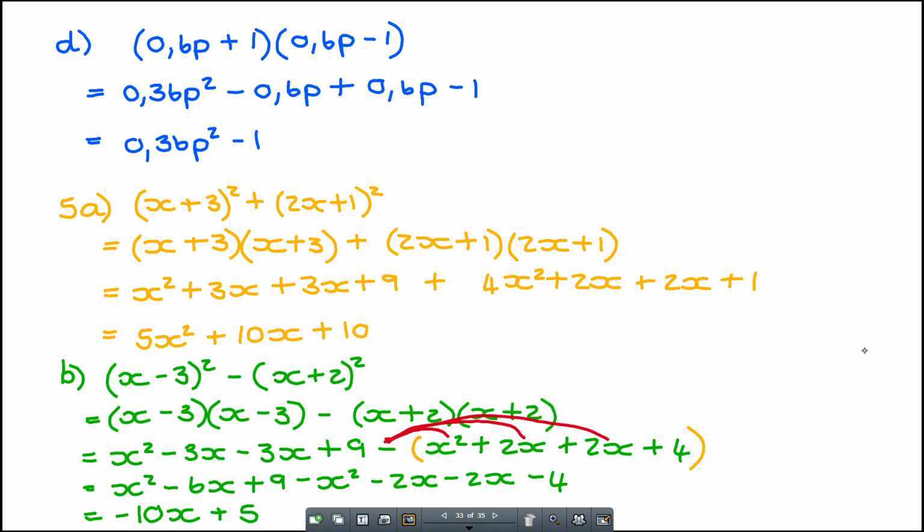So you see that then I don't have the bracket anymore because I already multiplied it in. Now I look for like terms. X squared minus x squared will just be 0, so that cancels out. Then minus 6x minus 2x gave me minus 10x. And then the 9 minus the 4 gave me 5.